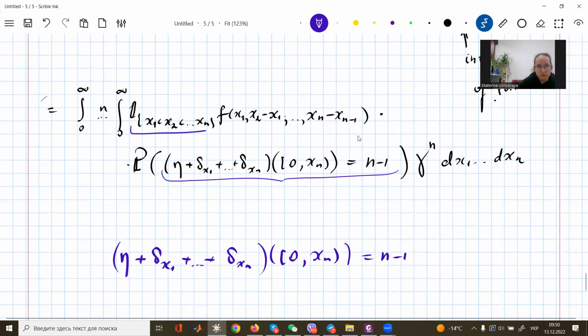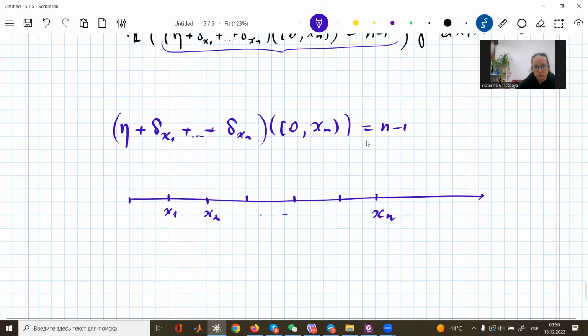And here I have xn. And also I have random points from the initial Poisson process. So now I consider all these points together because I add them.